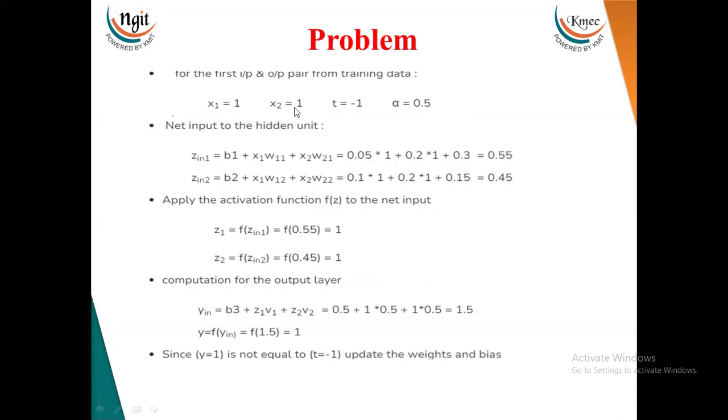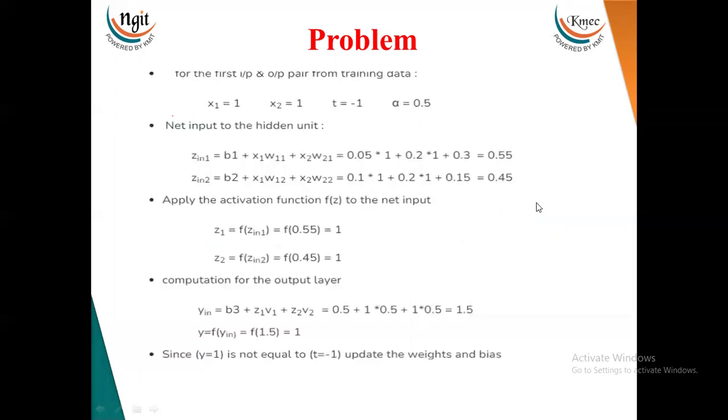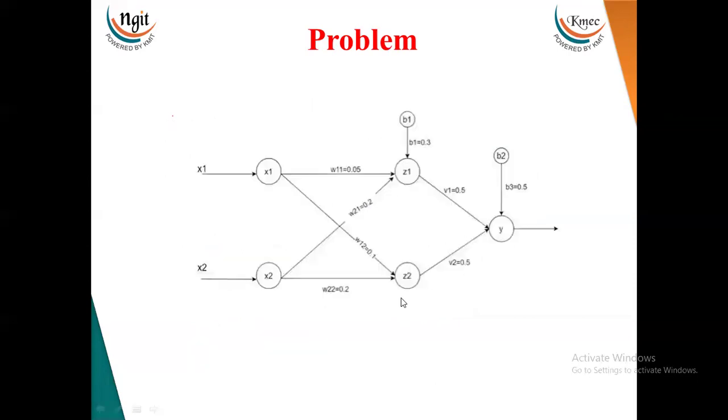Similarly, what is B2? B2 is 0.15. It is missing in the diagram actually; here it will be B2.